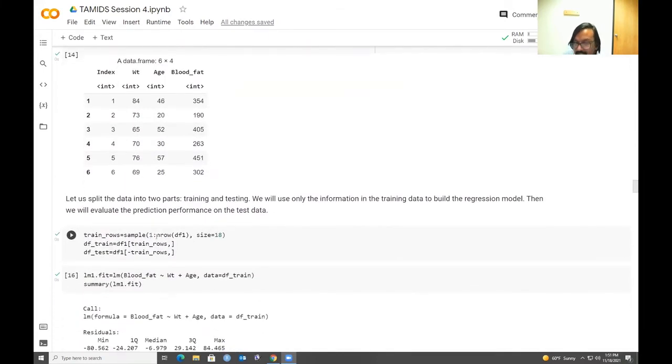So the population here is the set 1, 2, 3, 4, all the way up to 25, and these correspond to the row numbers. We are taking a random sample of size 18. That means we are choosing 18 observations at random from these 25 observations that are available. So I create a new data frame called df_train, which corresponds to the training data using these rows. And the remaining observations, notice the minus sign here, are the test data.